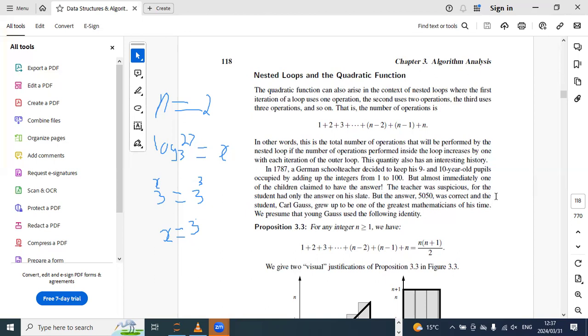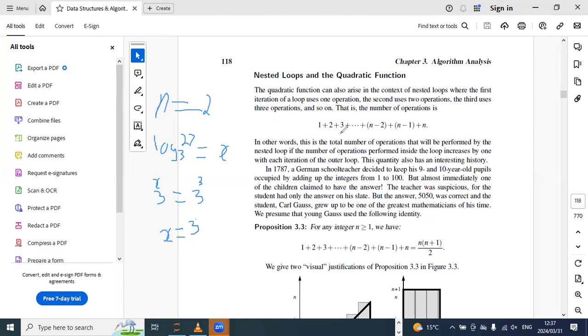The teacher was suspicious, but the student had the answer 5,050. It was correct, and the student was Carl Gauss, one of the best mathematicians of all time.